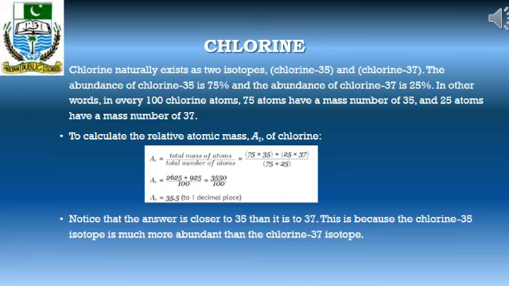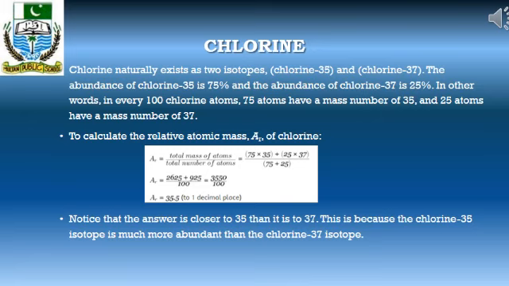So to calculate the relative atomic mass of chlorine, the formula is given. We need the total mass of atoms divided by the total number of atoms. So for total mass, 75% of chlorine 35, so 75 multiplied by 35, plus 25% of chlorine 37, so 25 multiplied by 37.